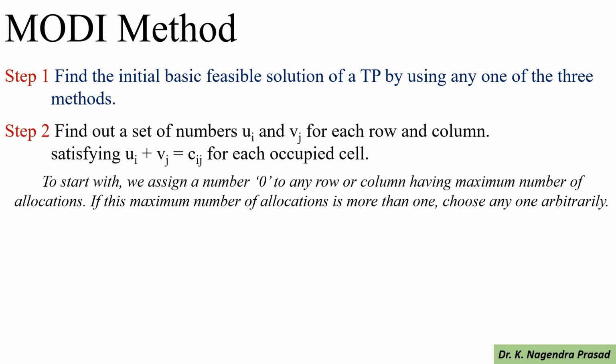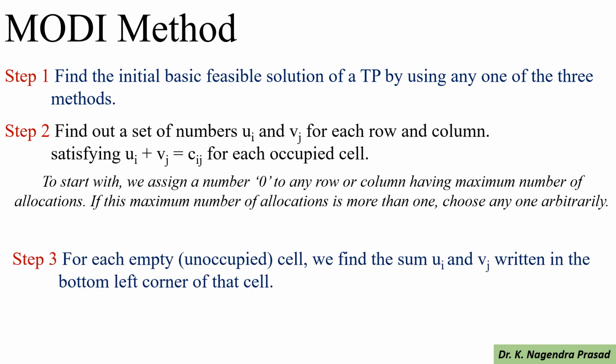To start with, we first assign the number 0 to any row or column having the maximum number of allocations. If the maximum number of allocations is more than one, we choose any one randomly.